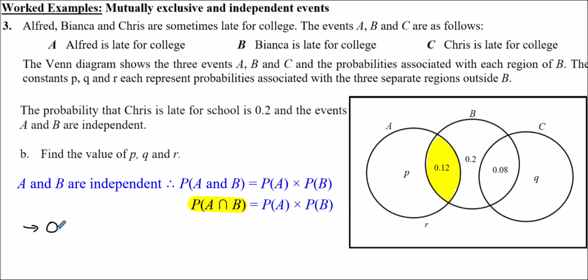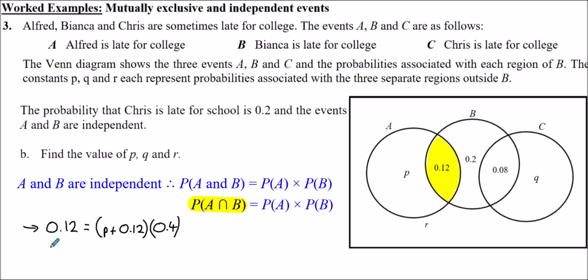So 0.12 equals the probability of A. The probability of A is P plus this 0.12. So P plus 0.12, multiplied by the probability of B. Now B, we've got 0.2, this 0.12, and 0.08. So if you add all of this together, that gives us a probability of B, which is 0.4. The grand sum of B is 0.4.